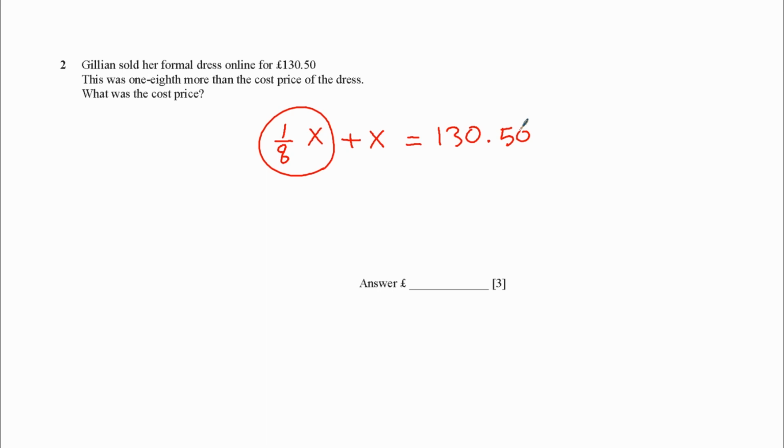Now this gives us an equation. If I add these two fractions, that would give us 9x over 8 equals 130.50. If we multiply both sides by 8, it would be 9x equals 130.50 times 8. I am going to show this multiplication with a point just to avoid mixing it up with the x.